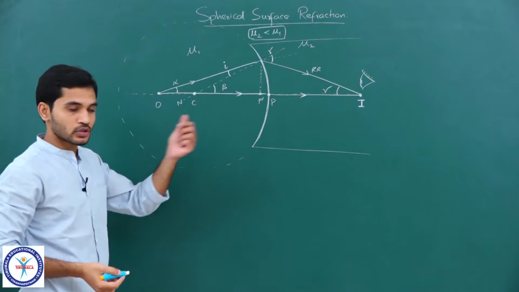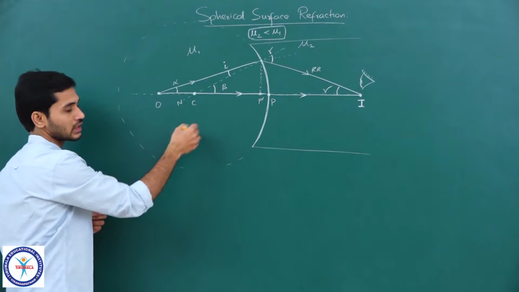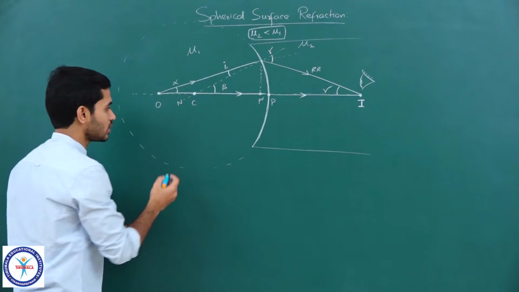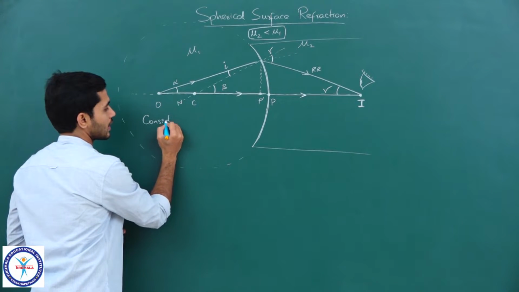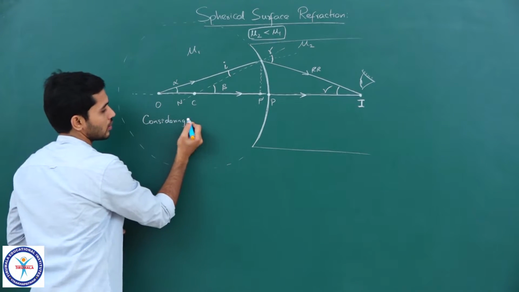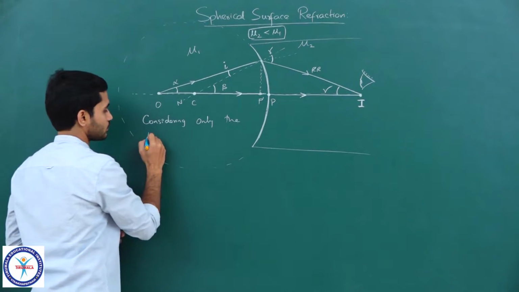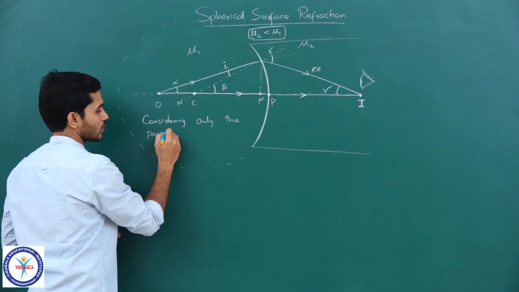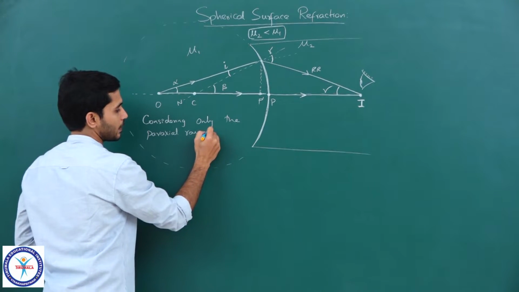It is very close to the pole, right. Now, one important thing which you have to keep in mind here is that all the derivation which we are doing is considering only the paraxial rays. So, we are considering only the paraxial rays.